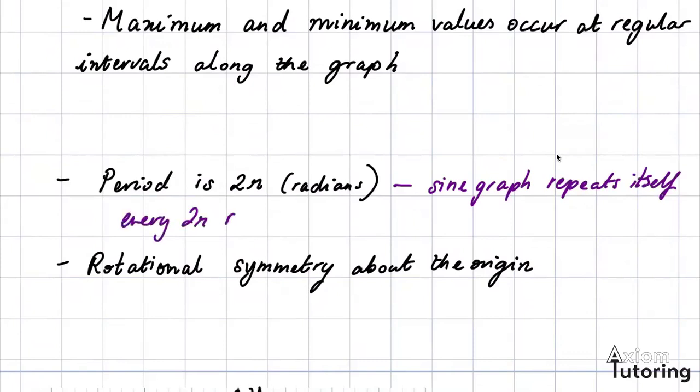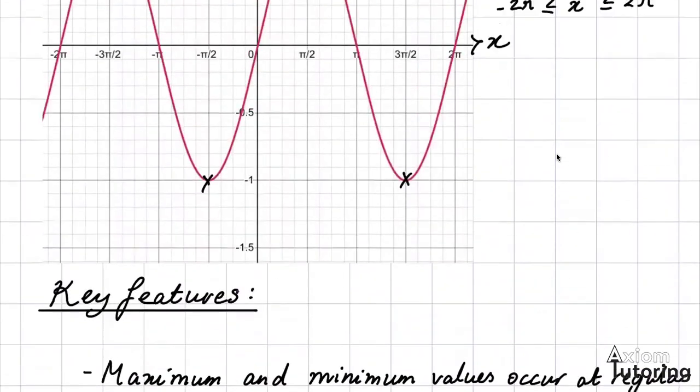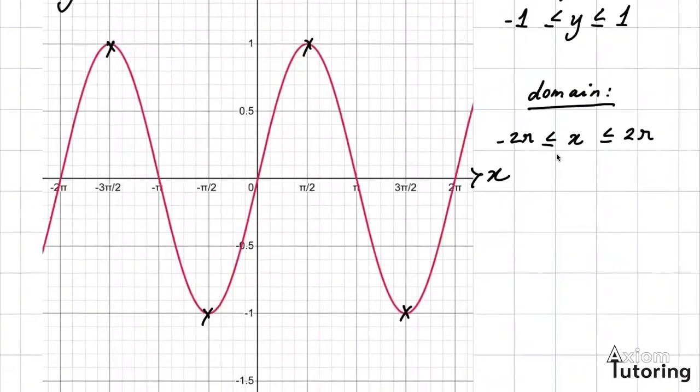every 2 pi radians. It also has rotational symmetry about the origin. Visually, this means that if you rotate the graph by 180 degrees about the origin point here, it looks exactly the same.